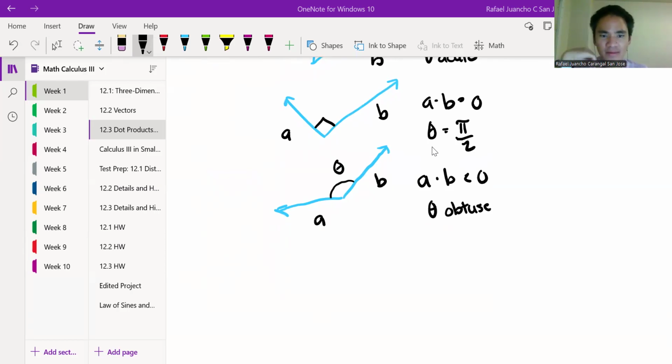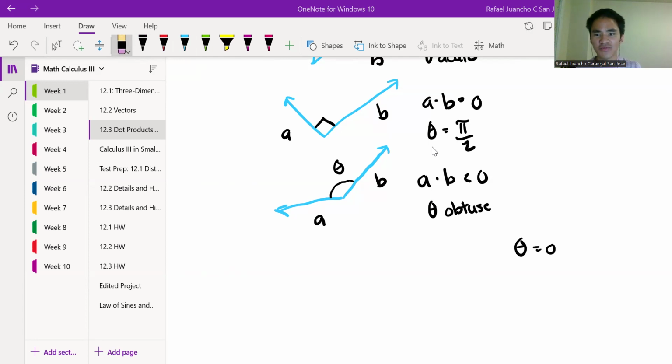Right? But let's say we also have extreme cases, right? So let's say A and B are pointing in the exact same direction, then our theta is 0, right?